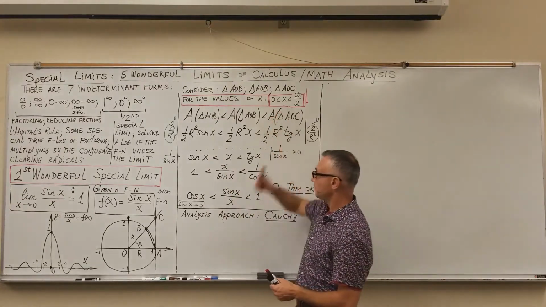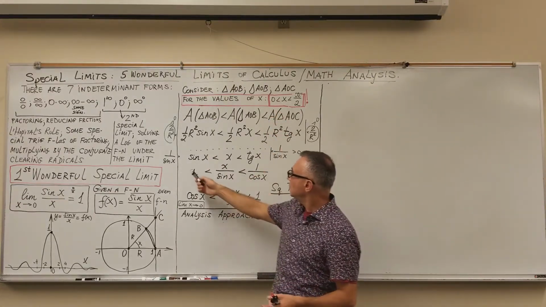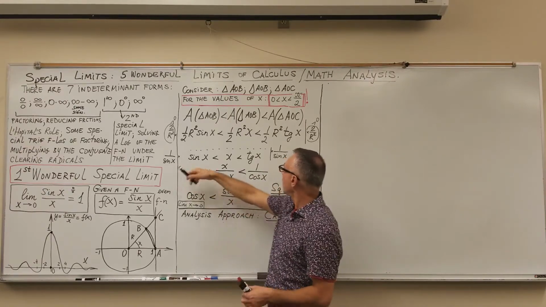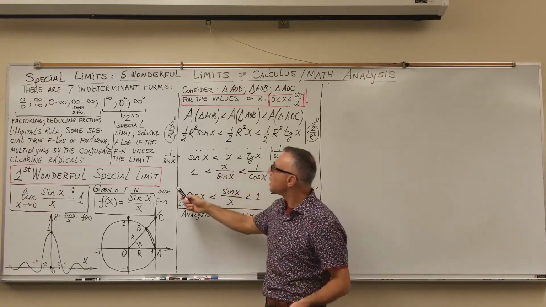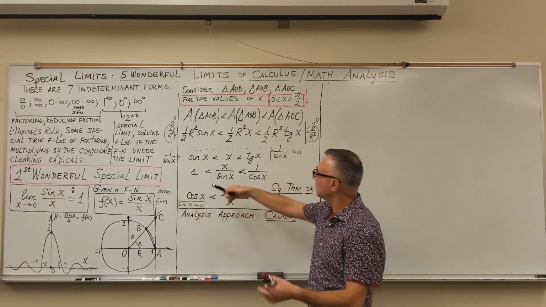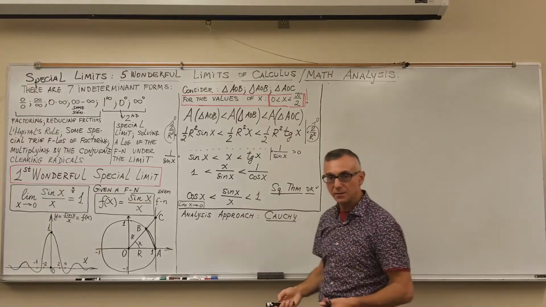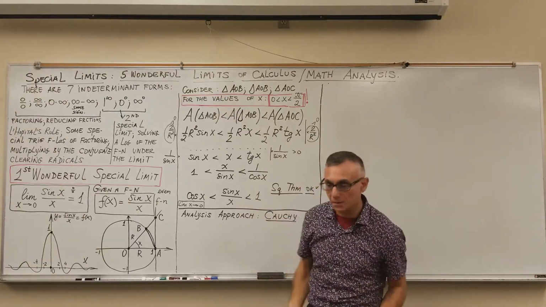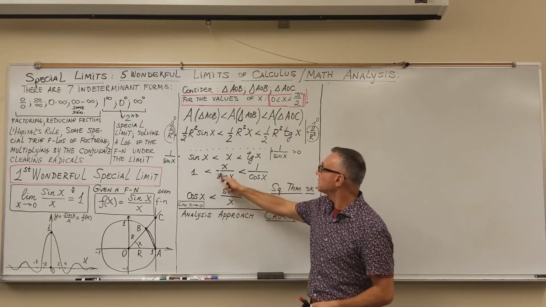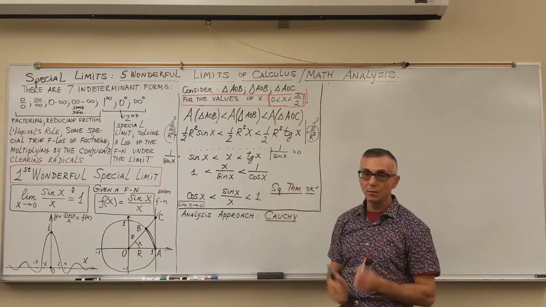Again, continue simplifying it, multiply all the sides by another positive value, 1 over sine x, or dividing everything by sine x. Sine x is positive in this case, so all the signs are preserved again. So we have 1 less than x over sine x less than tangent over sine x, which is just 1 over cosine.